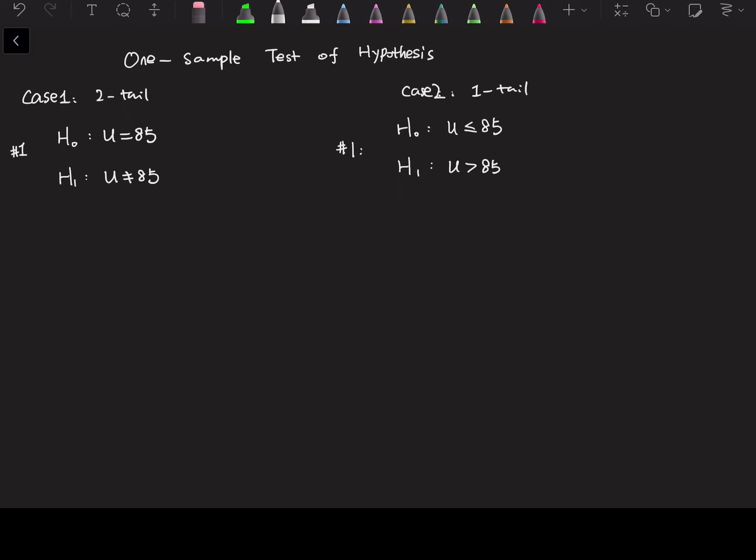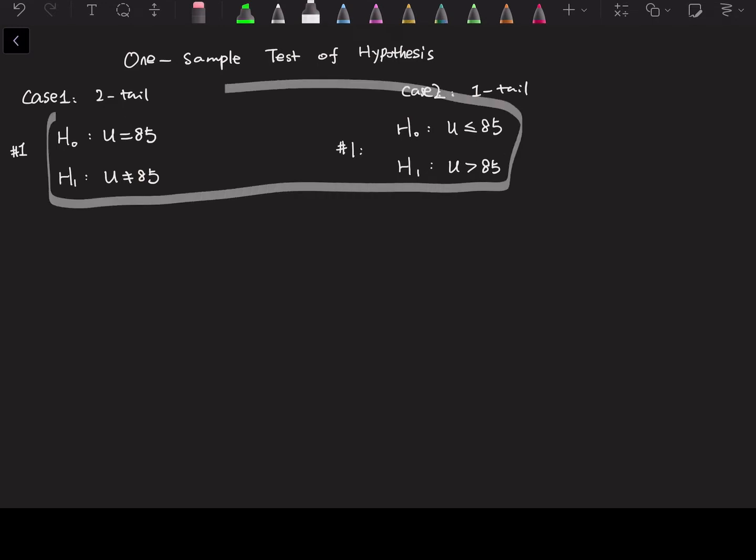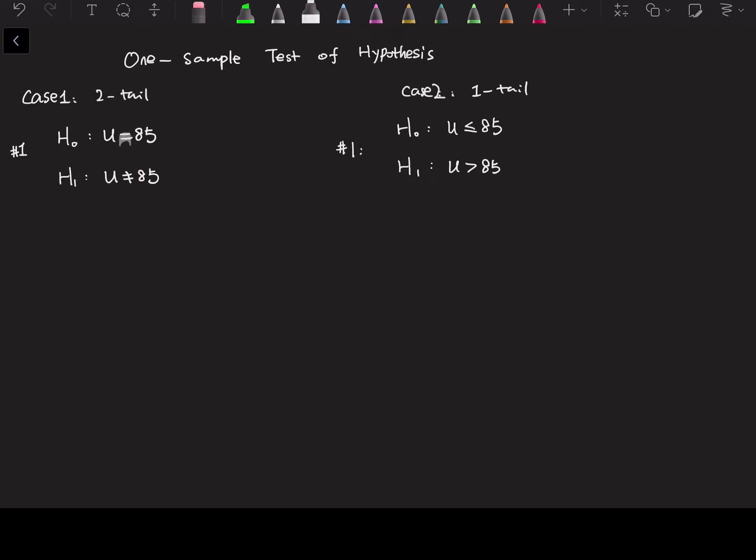Again, for hypothesis, we always put the equal sign in the null hypothesis. Okay, and the alternative one is our research question, and a hypothesis is a statement about a population parameter. Okay, so that's step number 1.